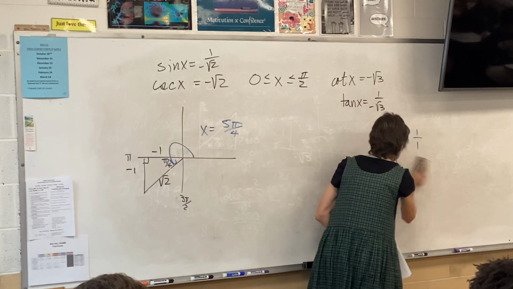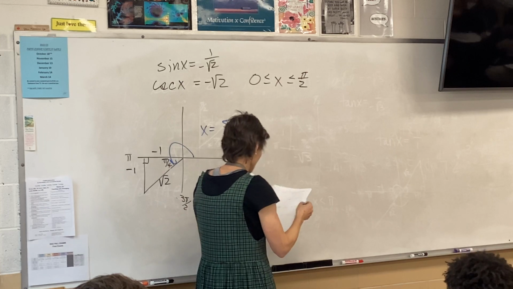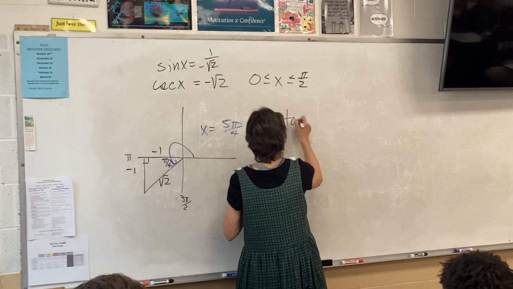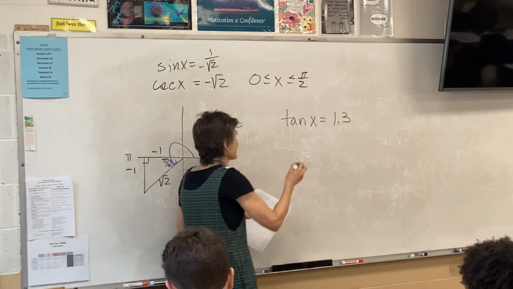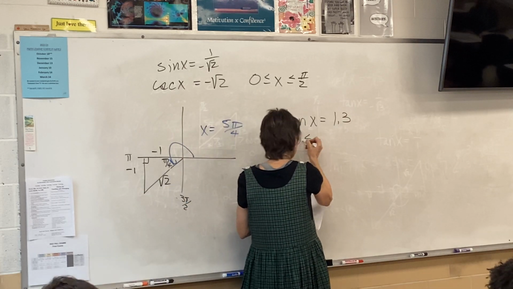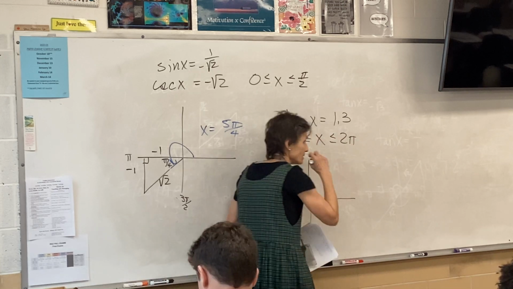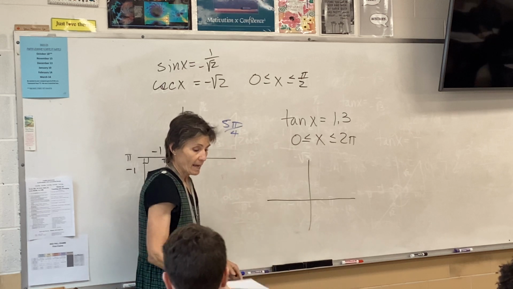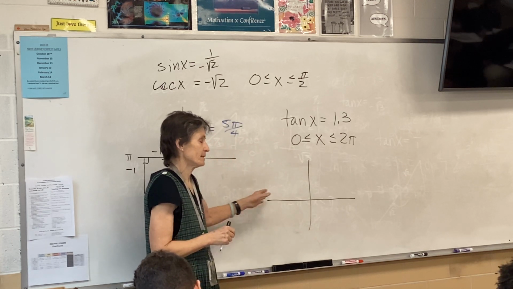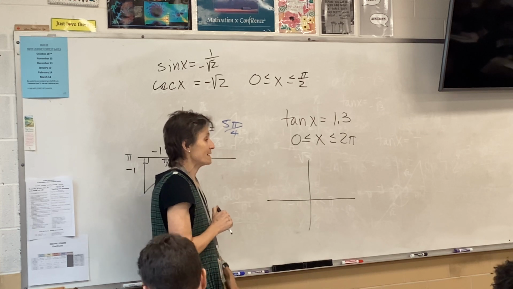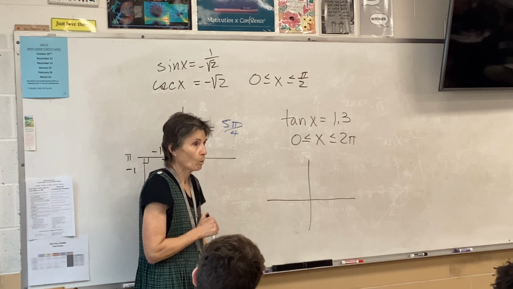All right, let's try the ones with our calculator now and see what's different about that, if anything. So tangent equals 1.3. We're between 0 and 2 pi, which tells me that I am in radians. And even though I'm using my calculator, I'm going to find a picture very helpful, because I'm not going to have an answer in every quadrant.